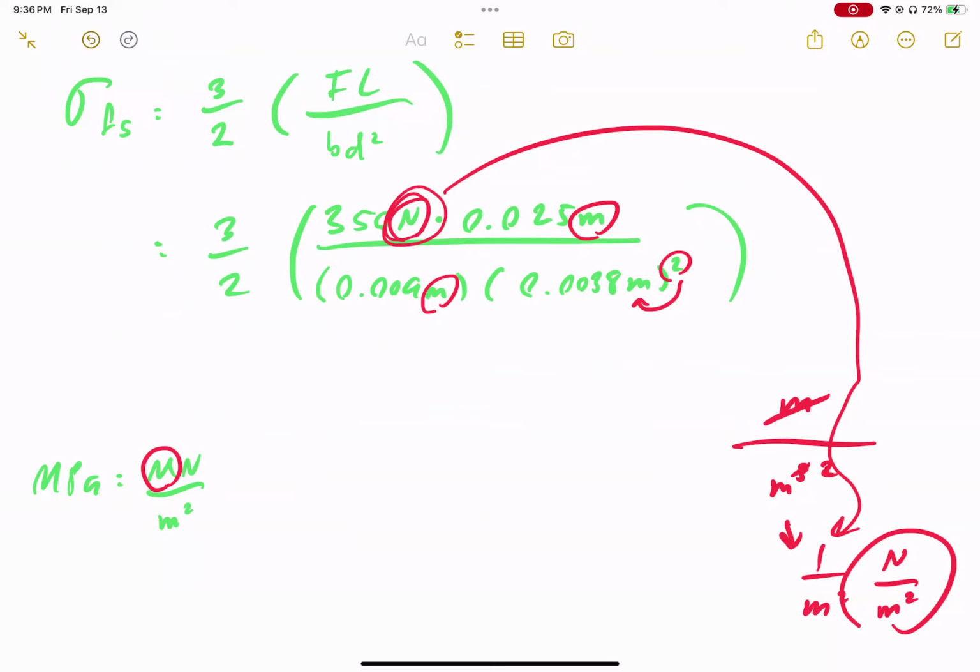So let's actually plug in and see what we get here. Oh, whoops. I forgot.